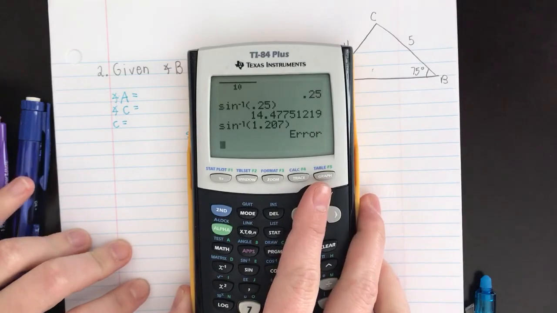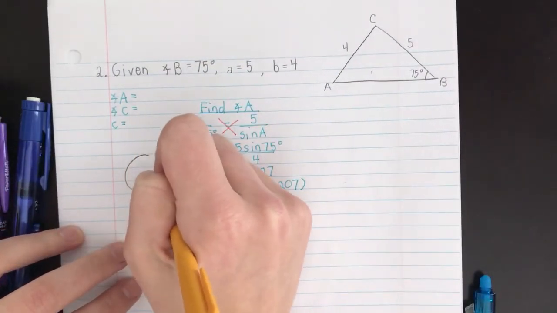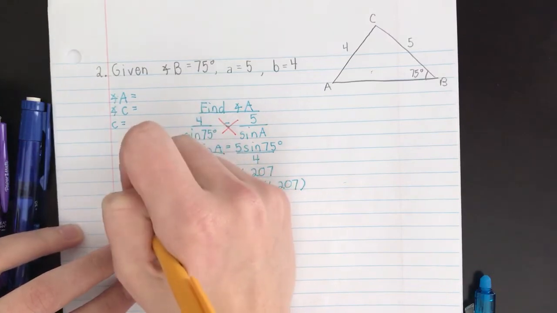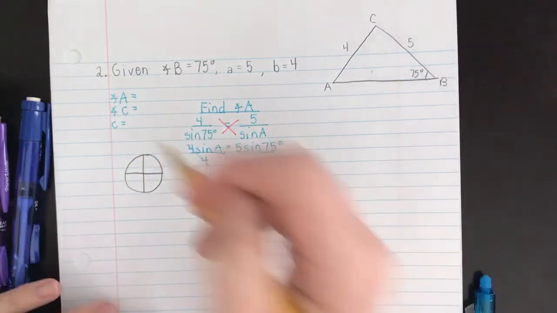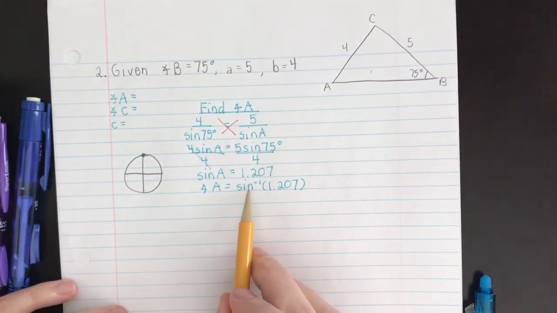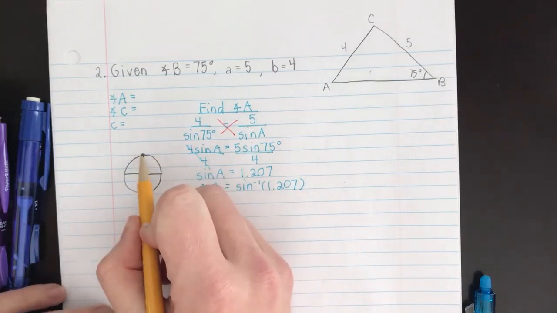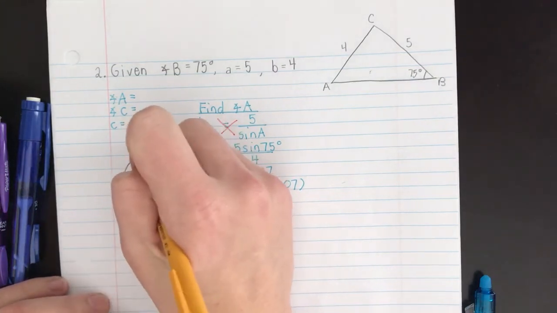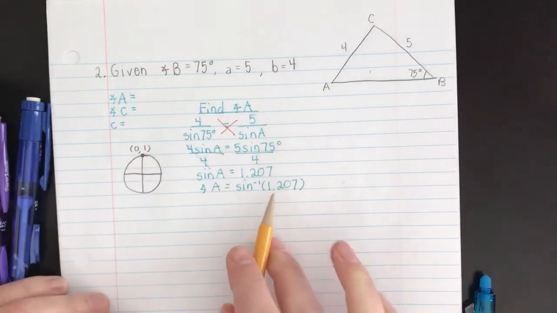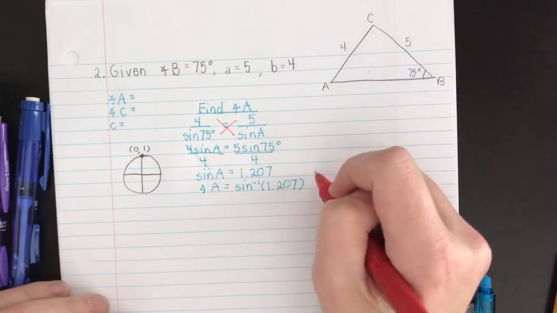Why does it tell you error? Well, think about it. I've tried to emphasize this, but let's make sure you understand in case you don't. We've been dealing with the unit circle all along. This means the angle whose y value is 1.207. This point is 0, 1. It is the unit circle. 1.207 is not on the unit circle.